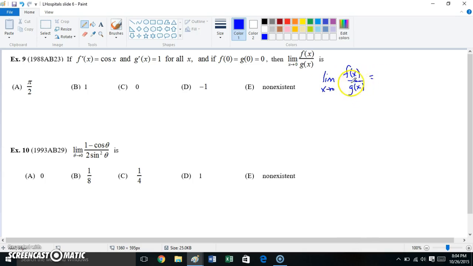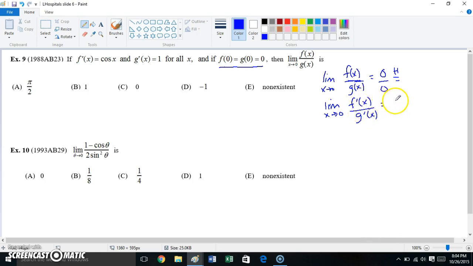Well, the first thing I do is evaluate the limit. So the limit of f of x as x goes to 0 is 0, and the limit of g of x as x goes to 0 is 0. So we should apply L'Hopital's rule. The limit as x approaches 0 of f prime of x over g prime of x.